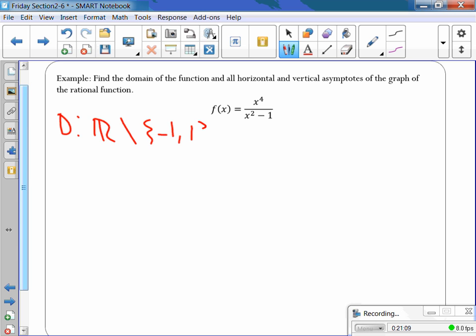We said that x squared minus 1 equal to 0, giving us that positive 1, negative 1. Are there any common factors? No. So we don't have to worry about anything from there. So if there's no common factors, what are my vertical asymptotes? X equals negative 1 and x equals positive 1.